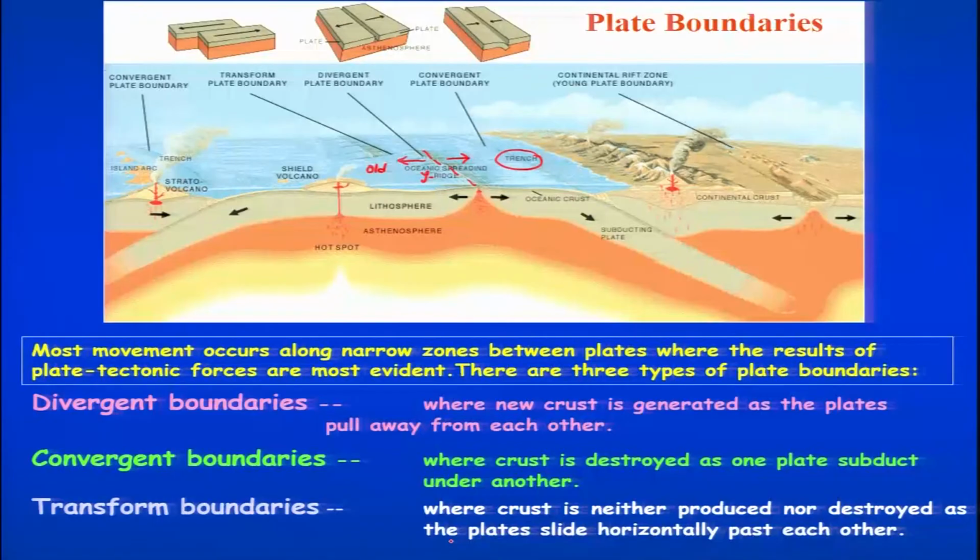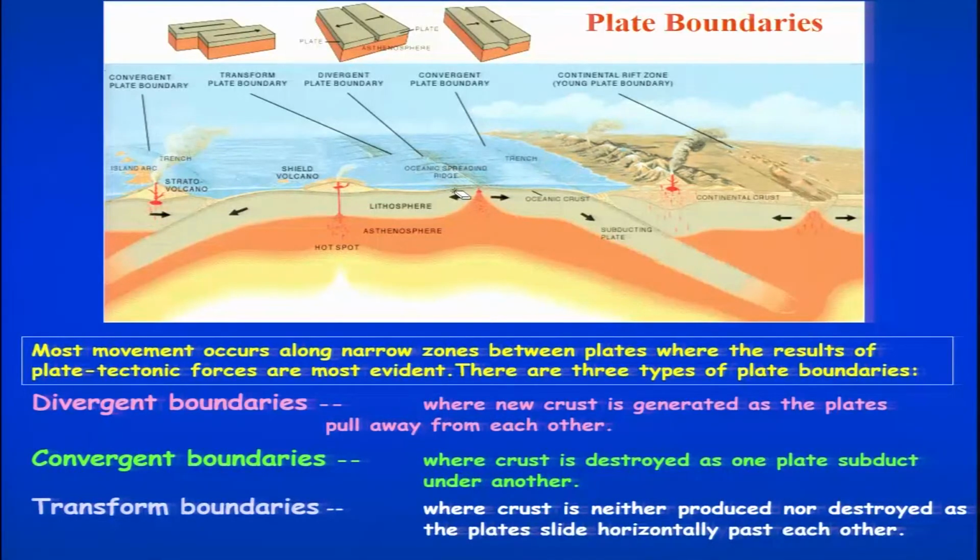Then finally, we have the third one, the transform boundaries, where crust is neither produced nor destroyed as the plates slide horizontally past each other. So, these transform plate boundaries are shown here actually. Okay, I'll just remove this part so that you can look at it clearly.